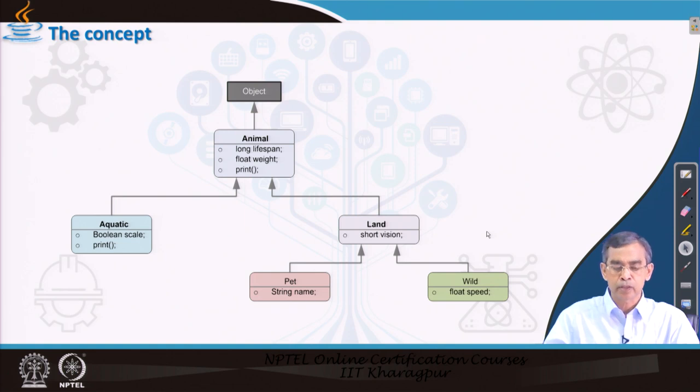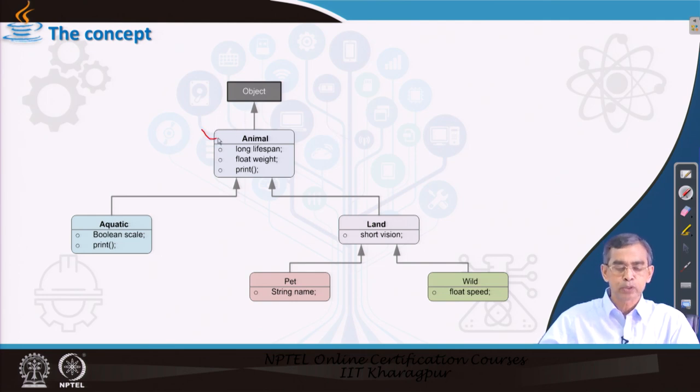You have to hold your patience and follow. If required, you can repeat the videos several times so that you can understand it. Now, let us see how we can proceed. We have to have certain examples, so we consider a class hierarchy, basically an animal class hierarchy.